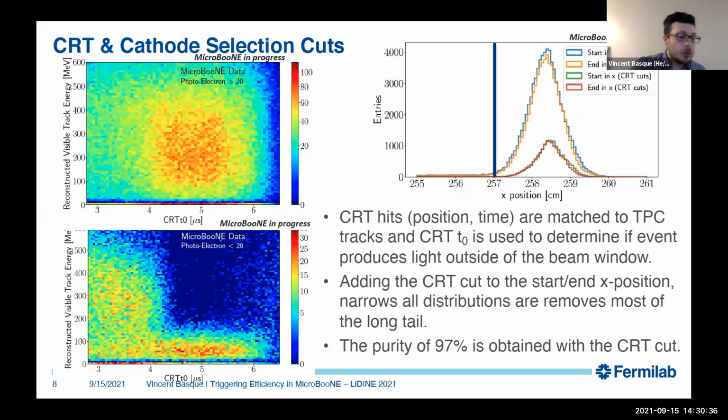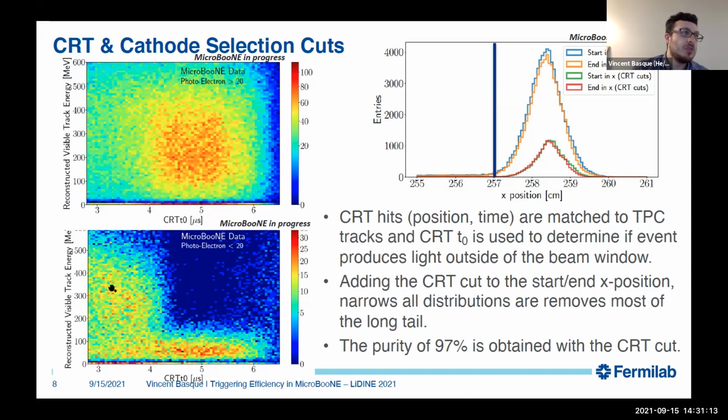The two selection cuts that derive from this: we want to make sure that our CRT hits can be matched to TPC tracks, and then we get a T0. Here I'm splitting the sample into two: tracks that produce more than 20 PE, which is well distributed, and tracks that produce less than 20 PE, where we have this region of essentially nothing. This means these tracks are not producing light in this region, or not enough light, which is the sample that we want.